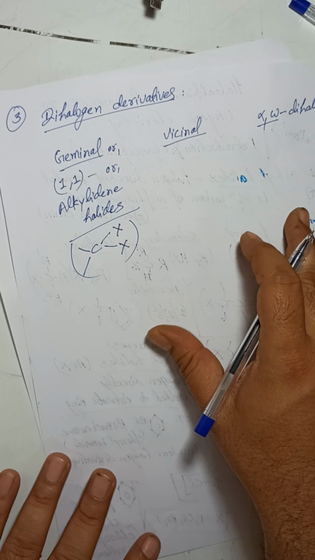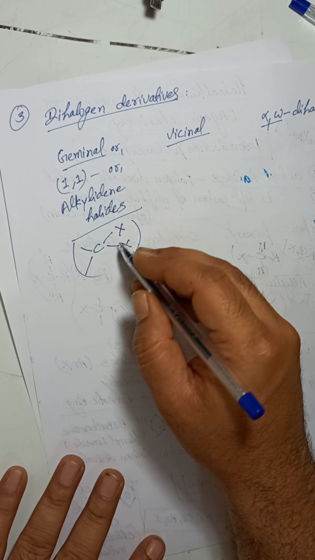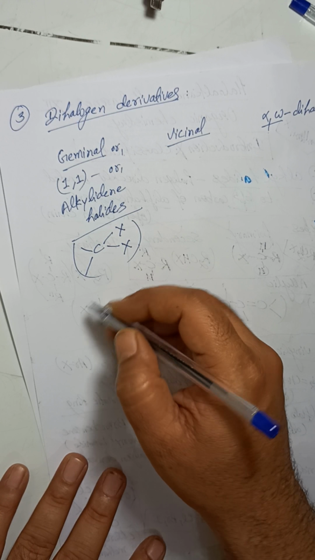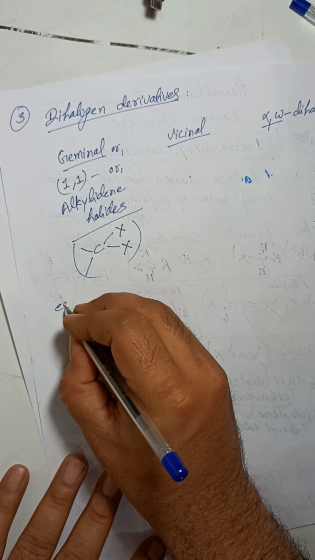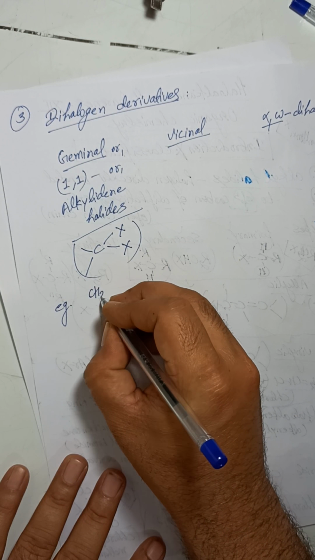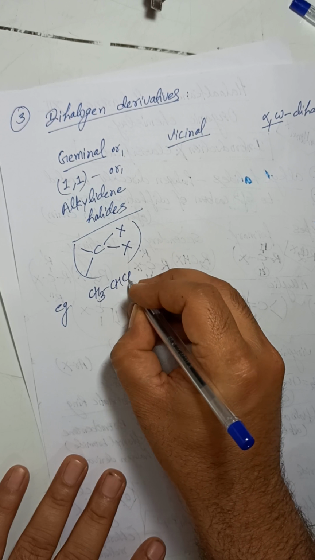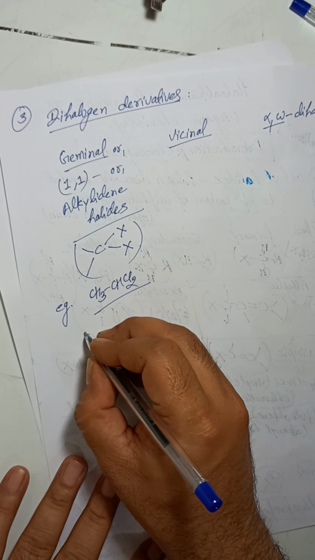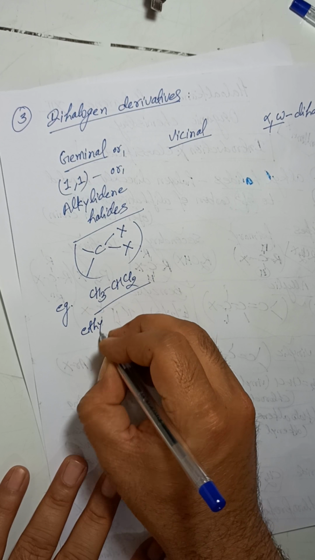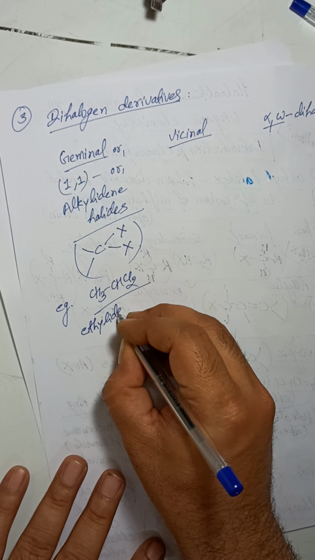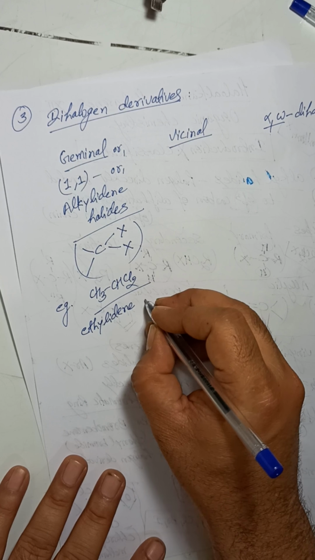This is geminal: the same halogen repeated on the same carbon twice. Example: CH3CHCl2. It would be called ethylidene chloride.